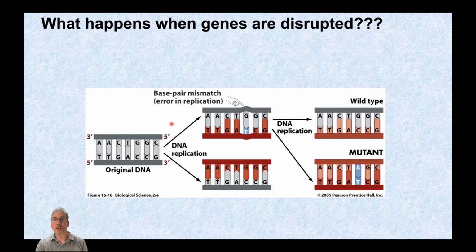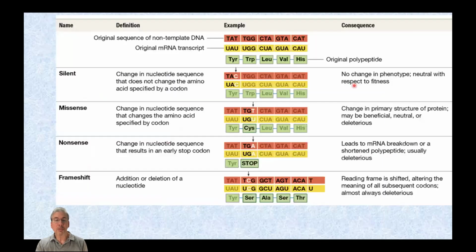So what happens when genes are disrupted? Again, that can occur in various ways, but let's just first think about point mutations. So we're talking about mutations at just a single base pair, or could be a few base pairs, but sort of small scale mutations. What are some of the potential outcomes of these types of mutations?